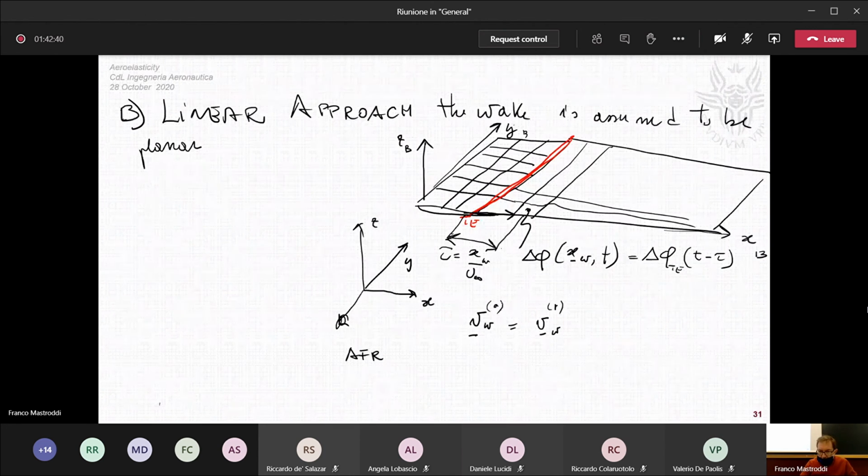So the absolute value is equal to the relative value in the body frame of reference, plus the velocity of the body frame of reference.